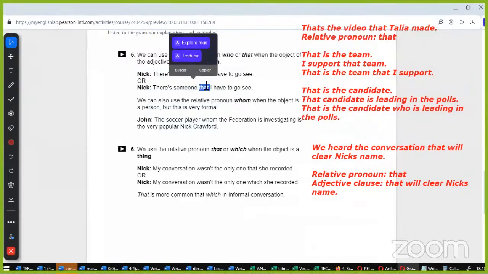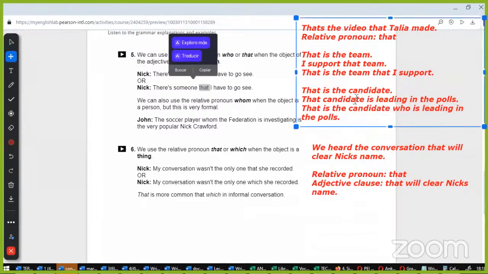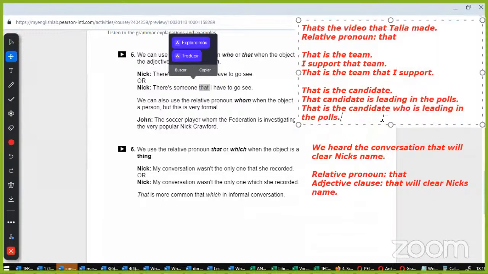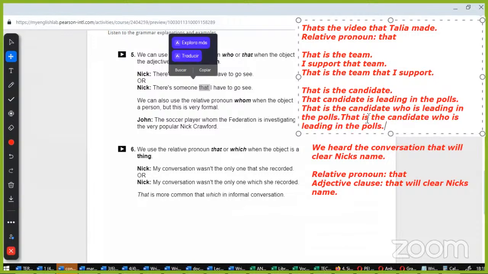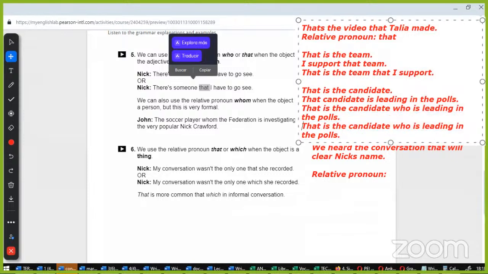In the TOEFL you need to use who instead of that. So here you could say, instead of that is the candidate who's leading in the polls, you could also say that is the candidate that is leading in the polls.